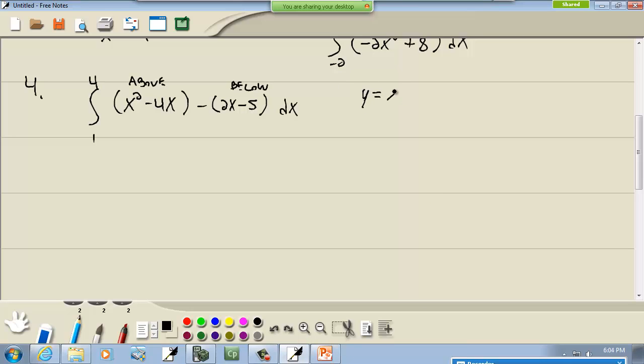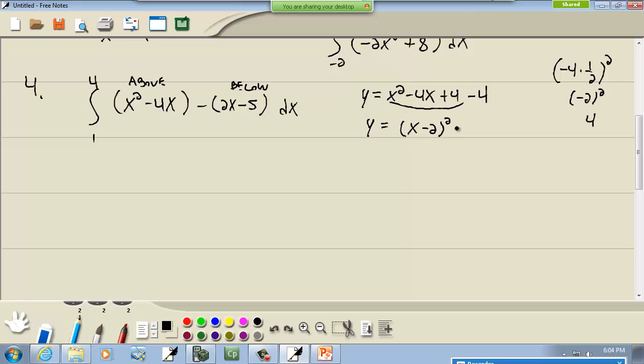This is our graph that's above. Y is equal to x squared minus 4x. And again, what I do is I take the negative 4 times a half squared, which gives us negative 2 squared, or 4. So I'm adding 4 and I'm subtracting 4. Then we can factor the first 3 terms here. This factors as x minus 2 squared minus 4.